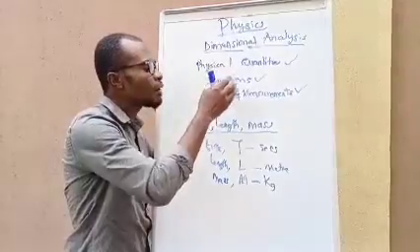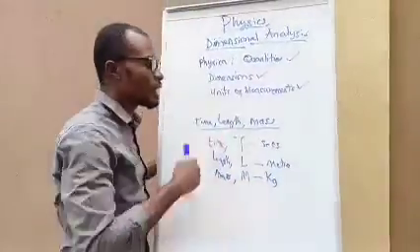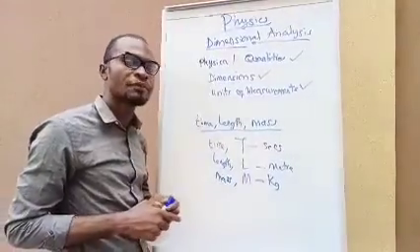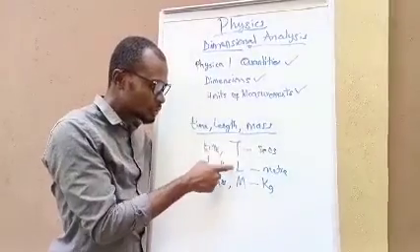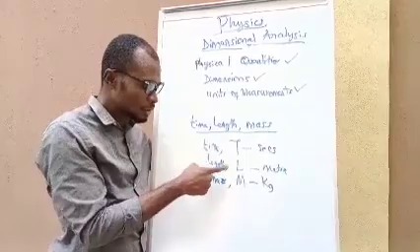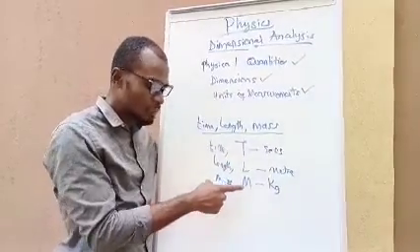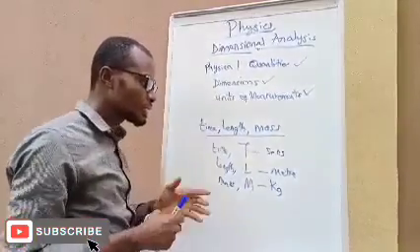Now, how can we dimension a particular quantity in physics? Just like I did here, this is a single dimension for each. The dimension of time is T, the dimension of length is L, the dimension of mass is M, just in capital letters. Of course, you might see it in different textbooks.